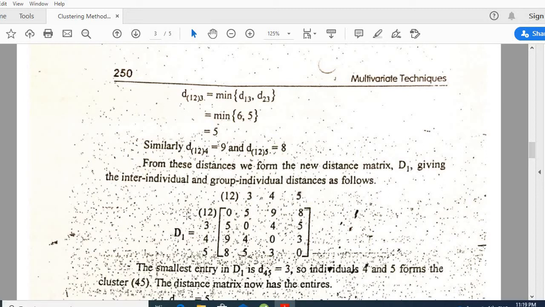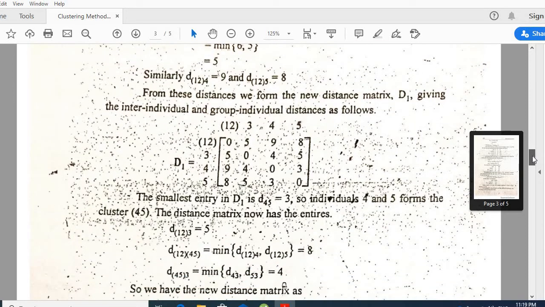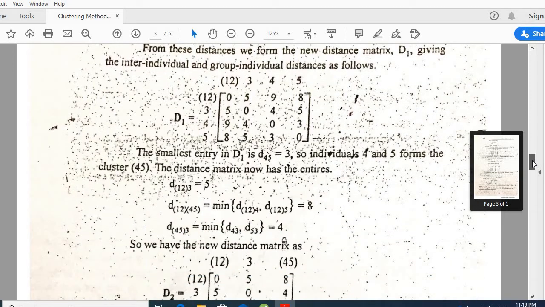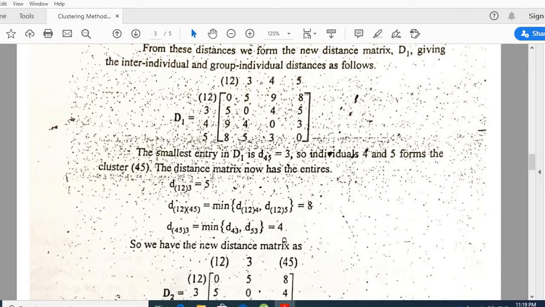Similarly, we find the other distances, and we rewrite the matrix of distances as d1. Again, we observe the minimum distance between individuals, which is 3, between 4 and 5.